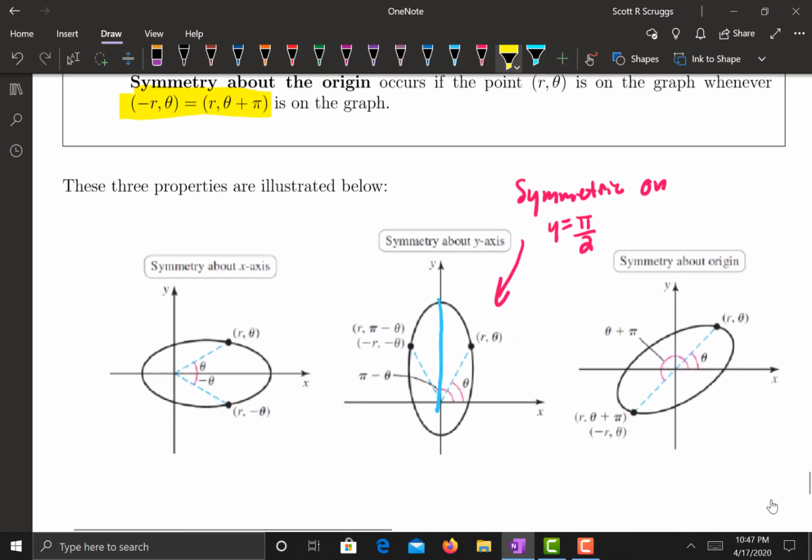And so those are going to be our 3 symmetries for polar curves. All right, and that concludes section 12.2.